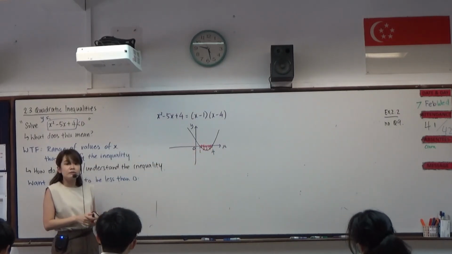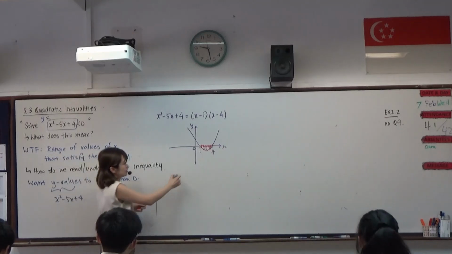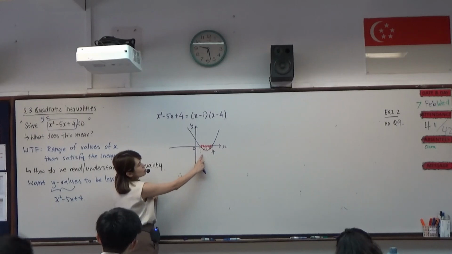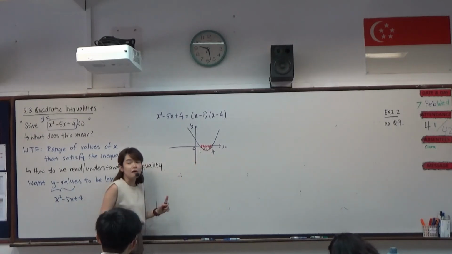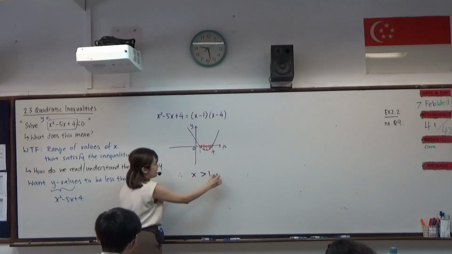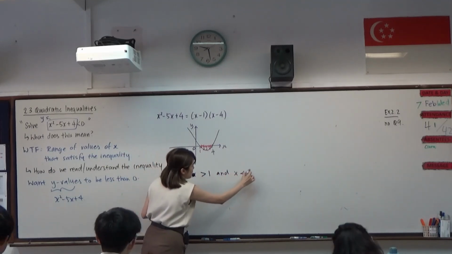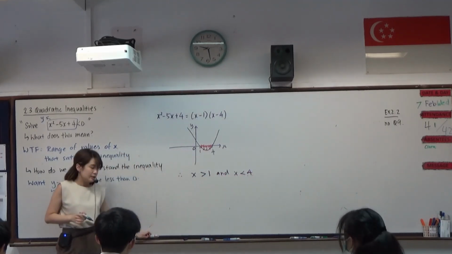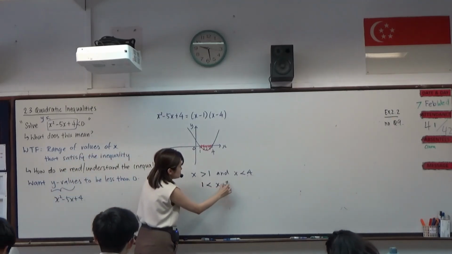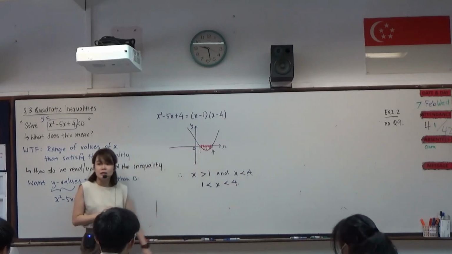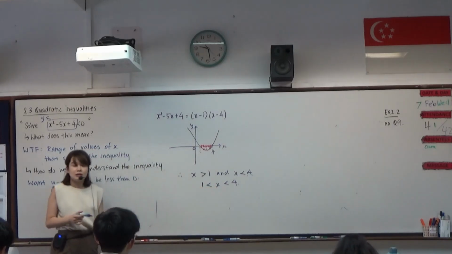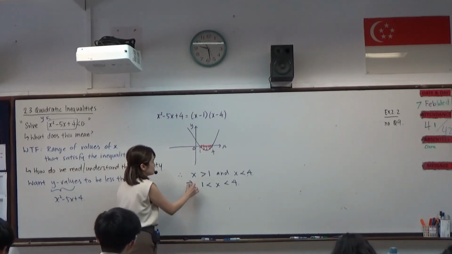Therefore, our answer will be values of x that are greater than 1 and less than 4. But we can actually write it as one single inequality in this manner: x is greater than 1, x is less than 4.